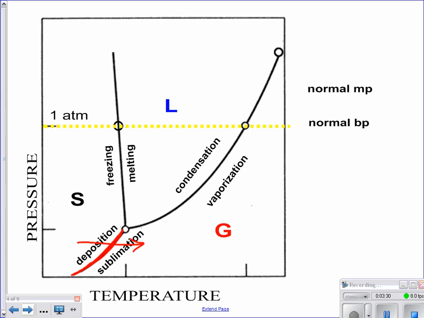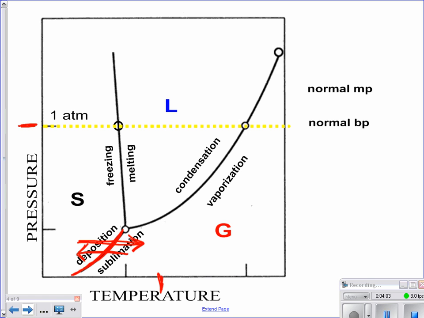If you're going directly from a gas to a solid, that's known as deposition. We don't see a whole lot of this going on with substances because we don't exist at these low temperatures and low pressures around these substances. We're usually at a much different pressure, and the temperatures that we're around would be somewhere in here. So we don't typically see a whole lot of deposition and sublimation of substances.